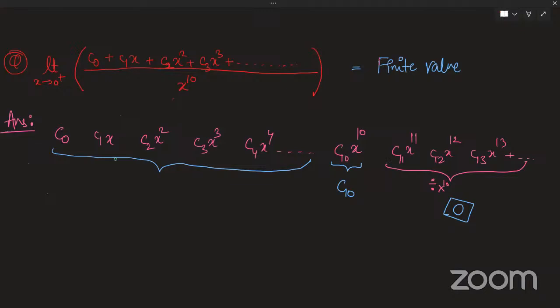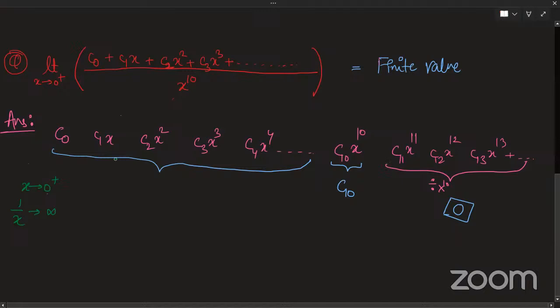Why will they go to infinity? Do you have a reason? See, if my x is tending to 0 plus, my 1 by x will go to plus infinity, right? You all agree? Yes, sir. It will go to infinity.